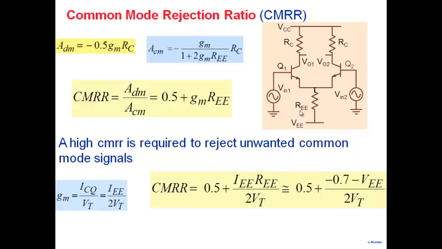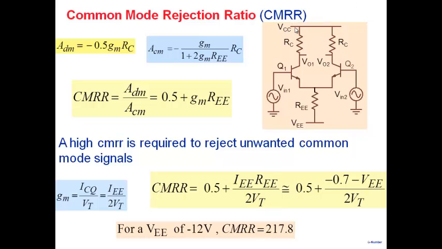It is independent of RE and is decided primarily by the supply voltage. If I plug in the value of supply voltage, let's say minus 12 and plus 12, the CMRR that I get is only 200. And if the supply voltage becomes smaller, if I'm running my differential amplifier at plus 5, minus 5, CMRR would become even smaller.